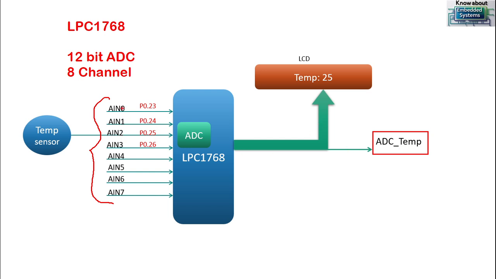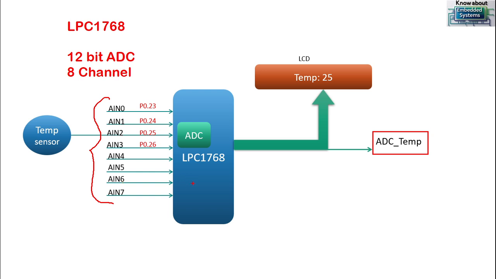So we have to consider the analog input channels, how many channels you want to connect. In this microcontroller we have 8 different channels, but in industry we can get ADCs with up to 64 or 128 channels.